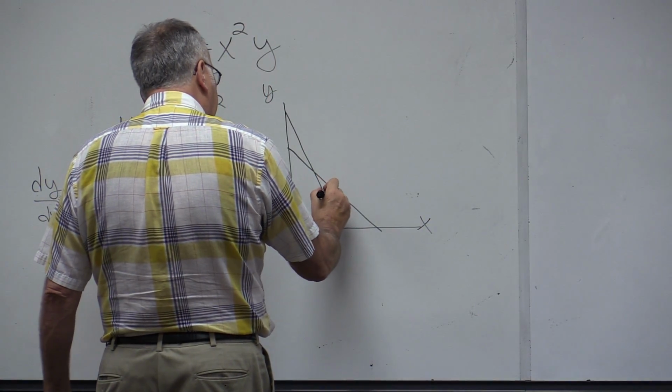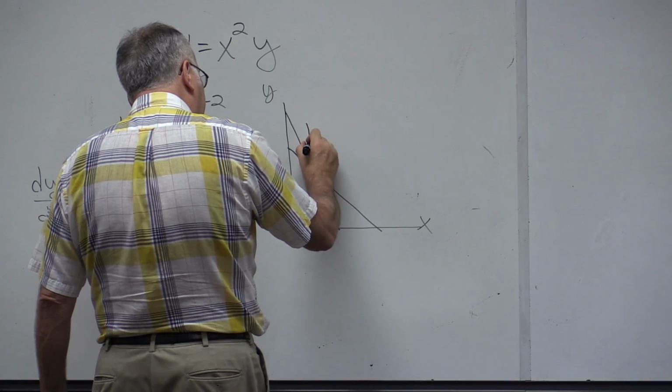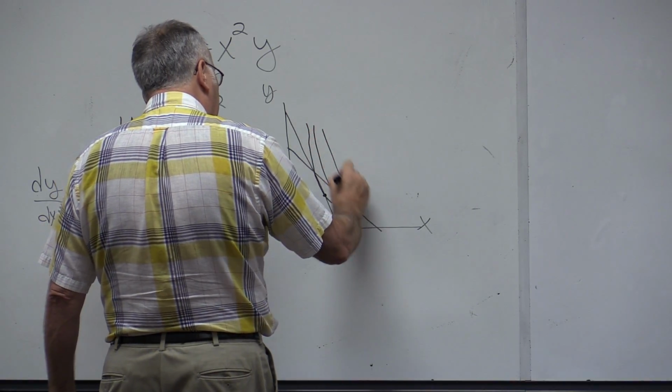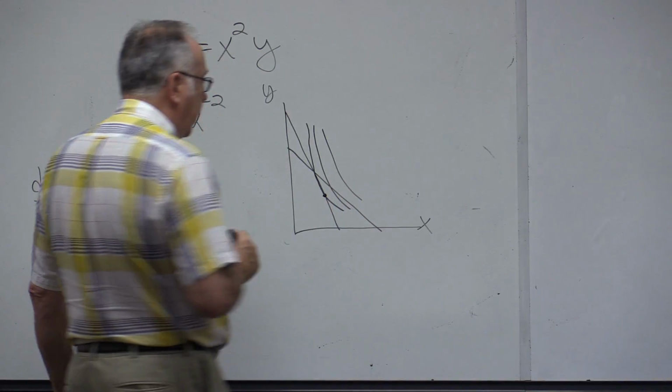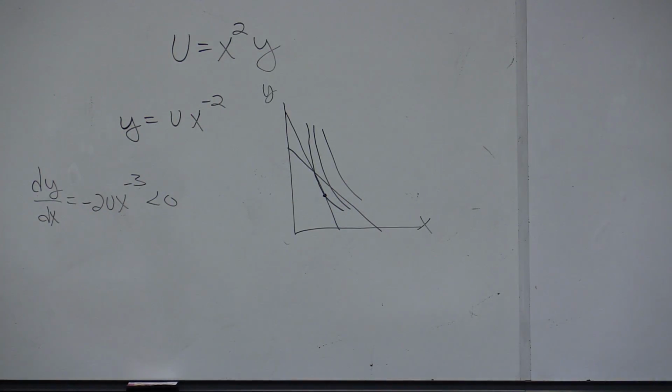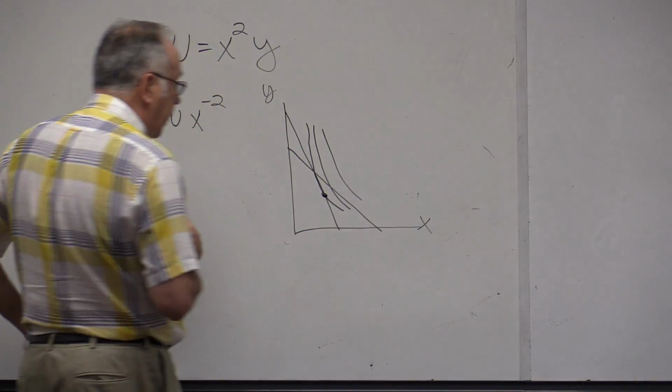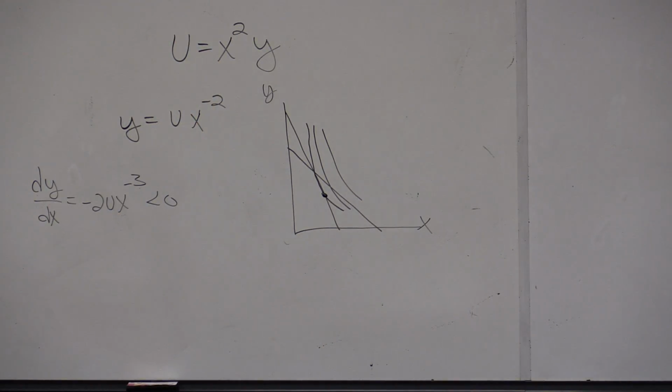You want to reach the highest indifference curve, but since they're all convex, you can't reach a higher one without violating the constraints. Now, if these indifference curves were concave, then you would most likely have ended up with a corner solution. But since they're convex, this point right here, where you have this tangency, gives Ian the maximum utility.